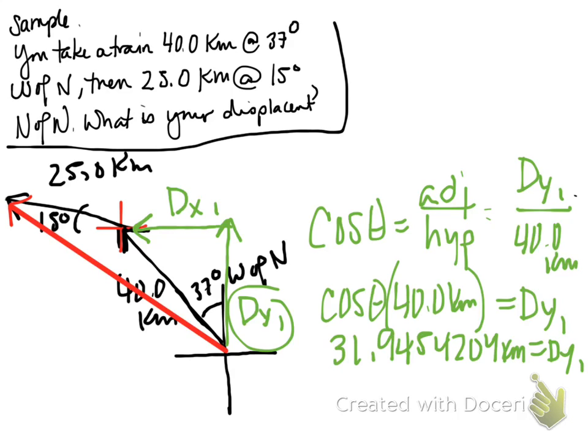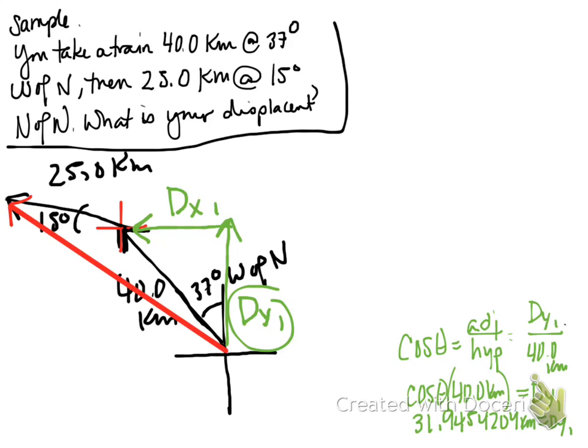We get 31.9454204 kilometers equals dy1. You're going to want to keep all those numbers for now because, of course, you won't take sig figs till the very, very end. If you're using one of the TI multi-views, it's easy enough to write down the first 4 digits so that you can go back and look it up on the calculator. Okay, well, that's our first step.